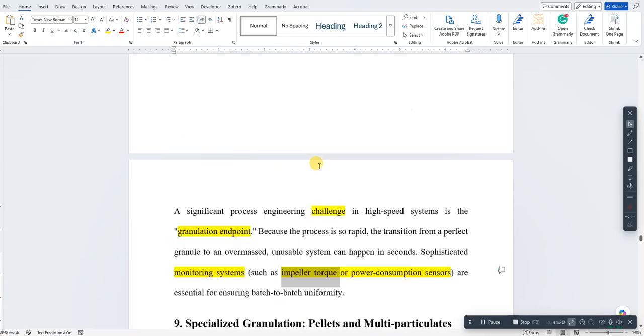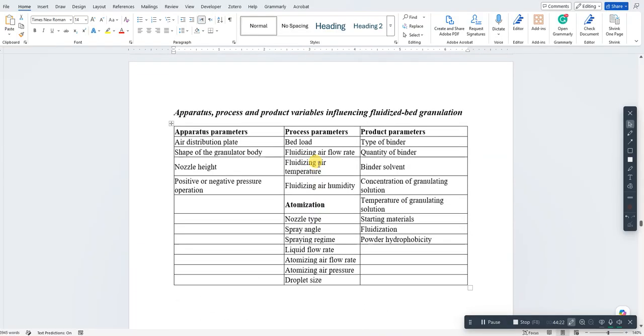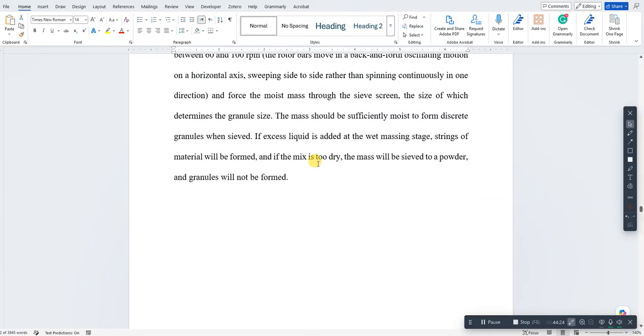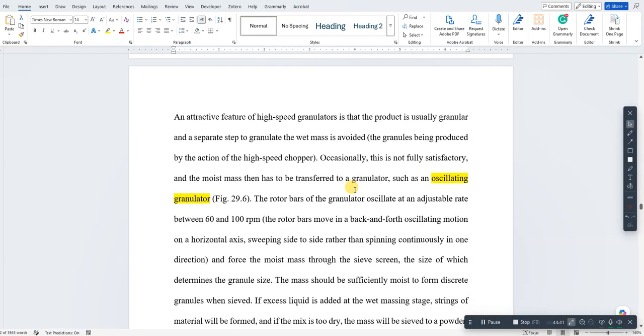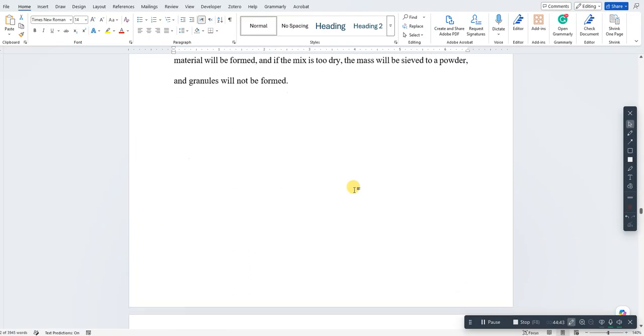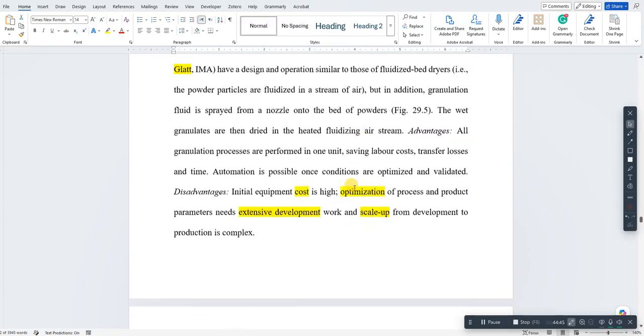What does it mean? For example, if we go back to the high-speed mixer granulator, we have a sensor to measure the resistance to its rotation. And this resistance will determine what point the wet mass has reached.